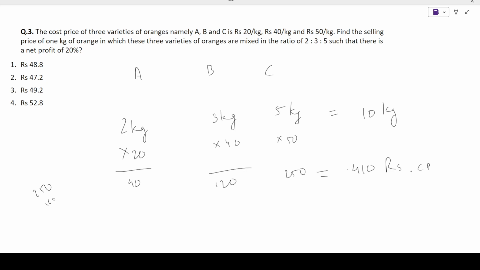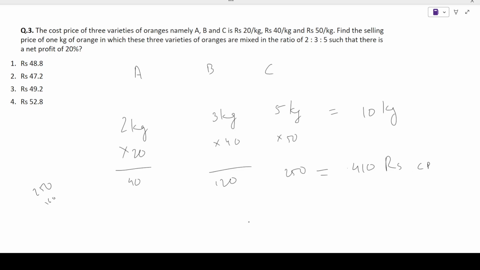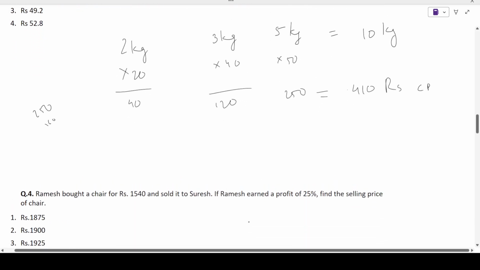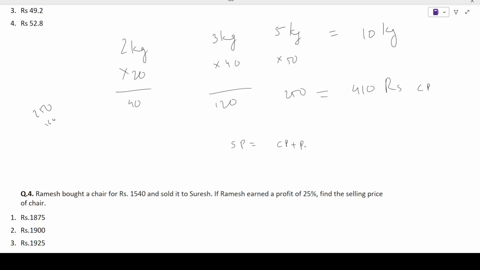Now the seller wants to make 20% profit. So we find what the selling price should be. Selling price is equal to cost price plus profit. We have cost price 410 plus 20% of 410.